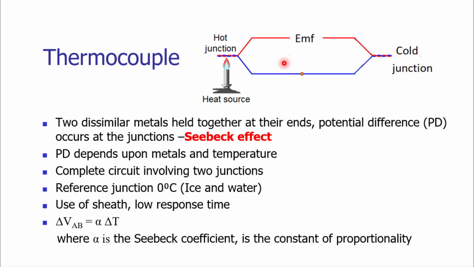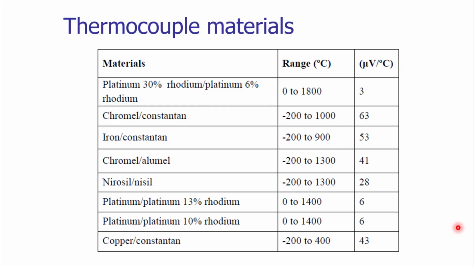Due to this, there is generation of potential difference, and that potential difference creates the electromotive force. The magnitude of the EMF is in proportion to the difference of temperature between the hot junction and the cold junction. If we know the temperature of the cold junction, then we can easily compute the temperature of the hot junction.